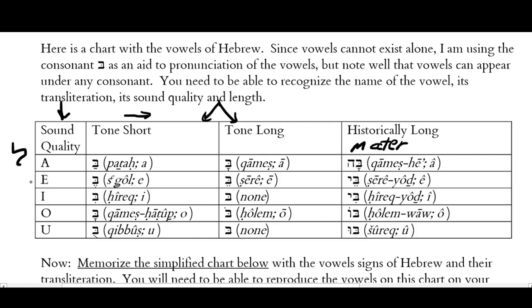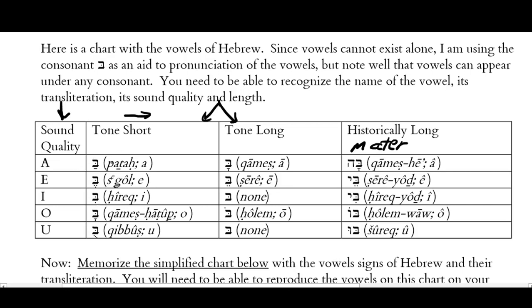If I put the segol under a lamed, it would go right underneath. The chirik would also go right underneath, as would the qamets chatuf. So it doesn't matter which consonant we're using, it's still going to go right below.